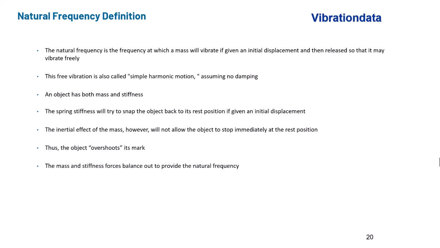Just like that slinky, except as we saw, there's an inertial effect, or mass, which causes the object to overshoot its rest position, and it goes back and forth a number of cycles. That back and forth motion is occurring at the natural frequency. And again, there's that exchange of potential and kinetic energy at that natural frequency.